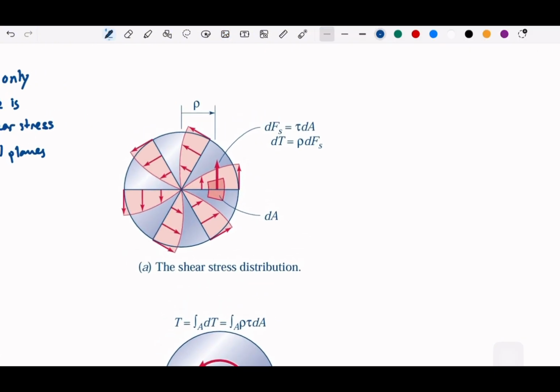Suppose we have this small element dA on the cross section, and we can define the increment of shear force, which will be equal to the shear stress tau multiplied by the area.